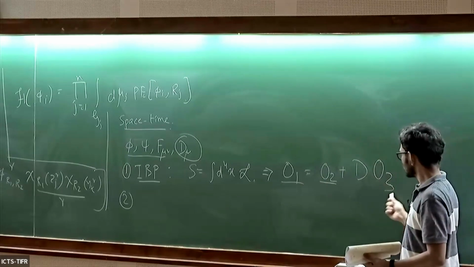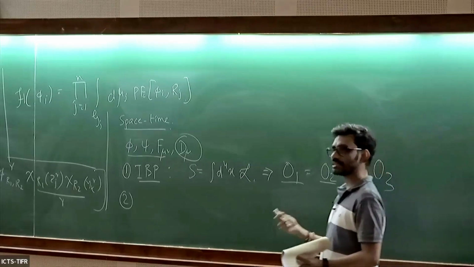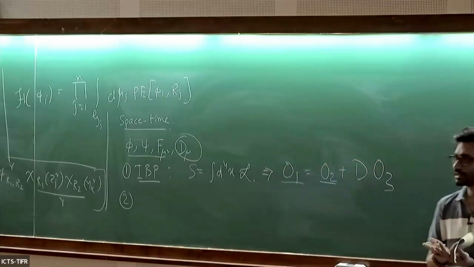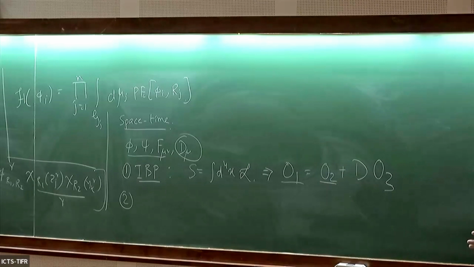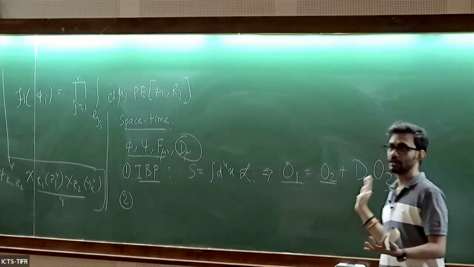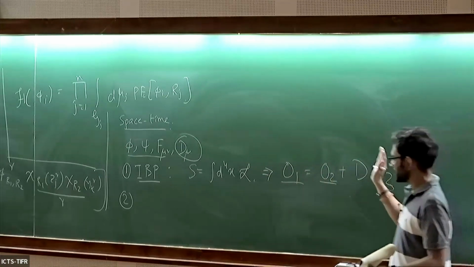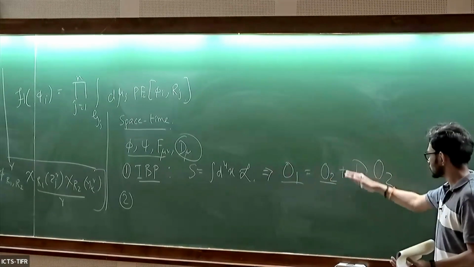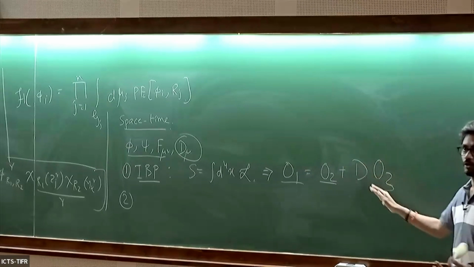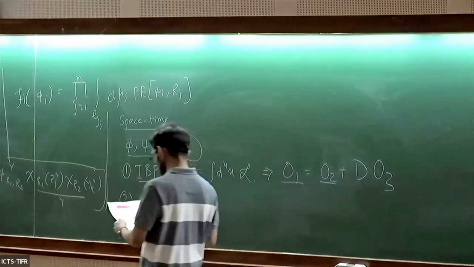Why is this total derivative term not useful for us? Because here we are not interested in operators lying on the boundary. In our quantum field theory construction, we are considering a manifold where there is no boundary. That's why this total derivative term will not affect any kind of physical phenomena. So integration by parts and the total derivative are connected to each other, and we will spend more time on this later, but this is one way to understand this.